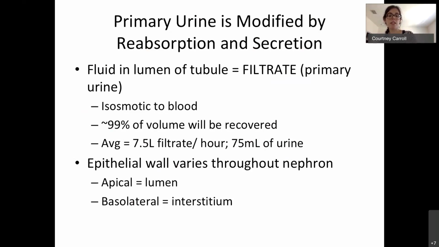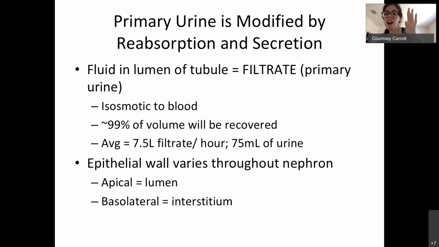And a few words that you're going to hear a lot are apical and basolateral. So the apical side faces into the lumen, into that filtrate flowing tubule. So apical into the filtrate side, whereas basolateral is into the interstitium, which is the area between the tubule and the capillary.